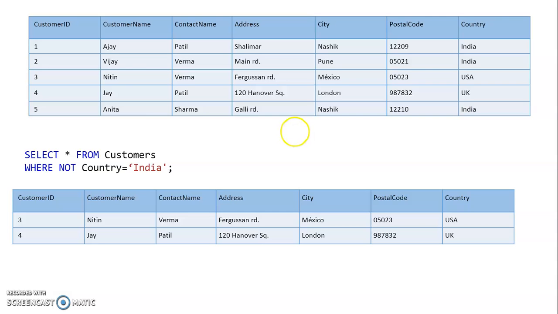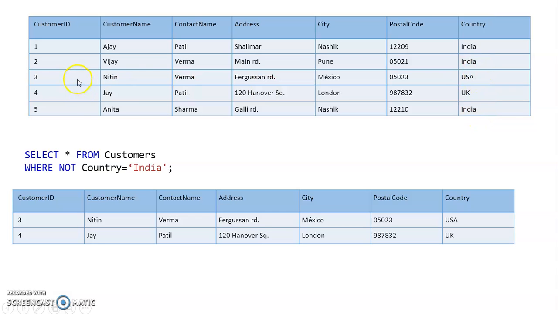Now next one, SELECT star FROM customer. We are selecting all the columns WHERE NOT country equal to India. Now see, NOT country means it will not fetch the records where country equal to India. The rest of the records will be fetched. If we look at the column country, our first row, second row and last row, for all these rows our country is India.